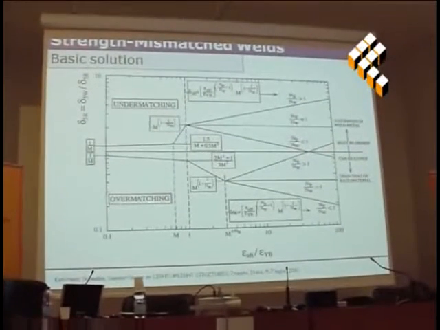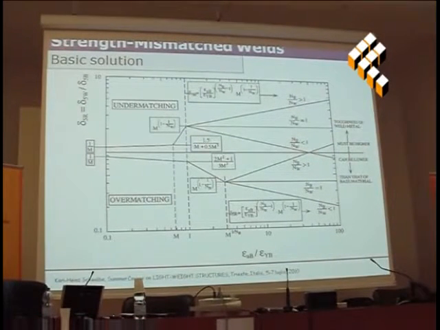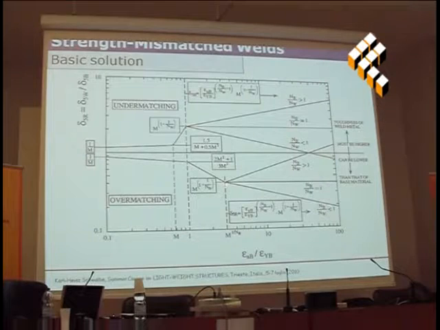And vice versa in undermatch here. The nice thing here, you can calculate these hinge points, and here also the turnover points, so you can quickly get a feel for the overall picture.